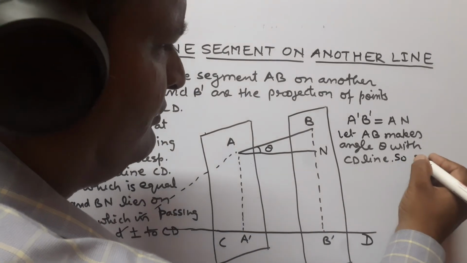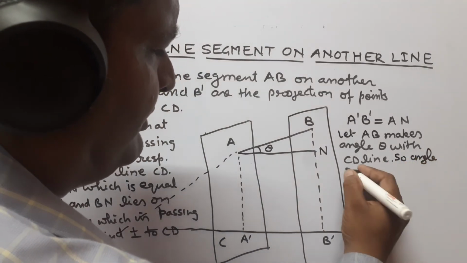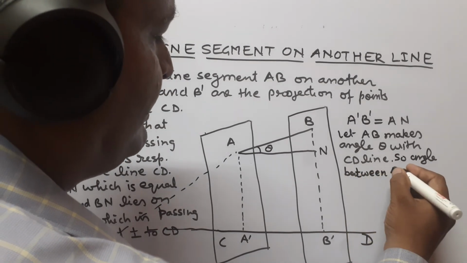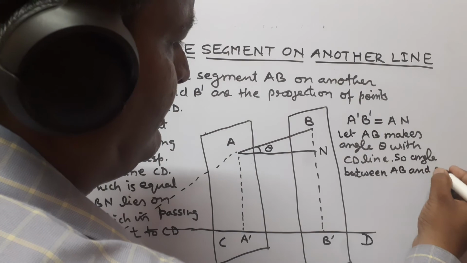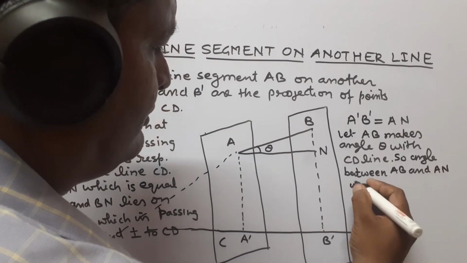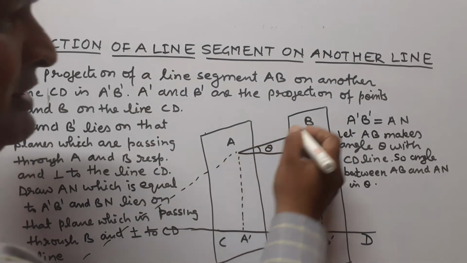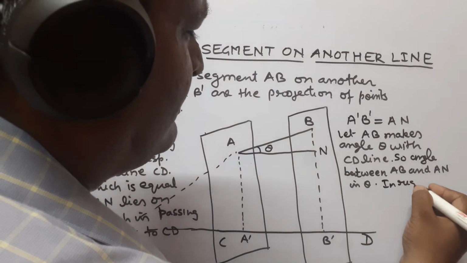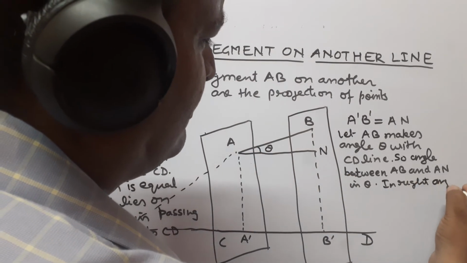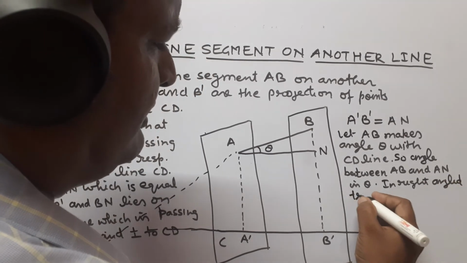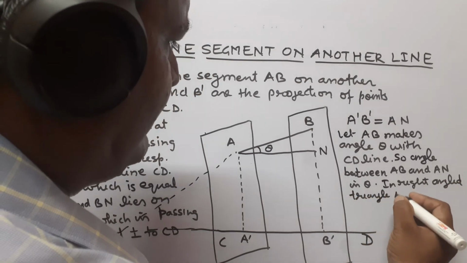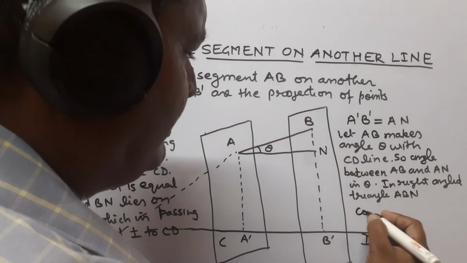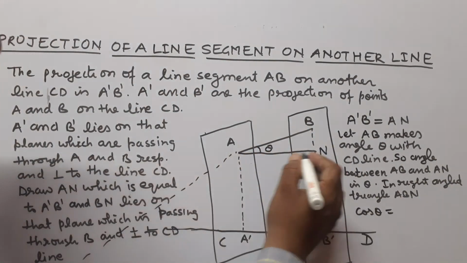So the angle between AB and AN is theta. Now in this right angle triangle ABN, we find cos theta, which is base upon hypotenuse.